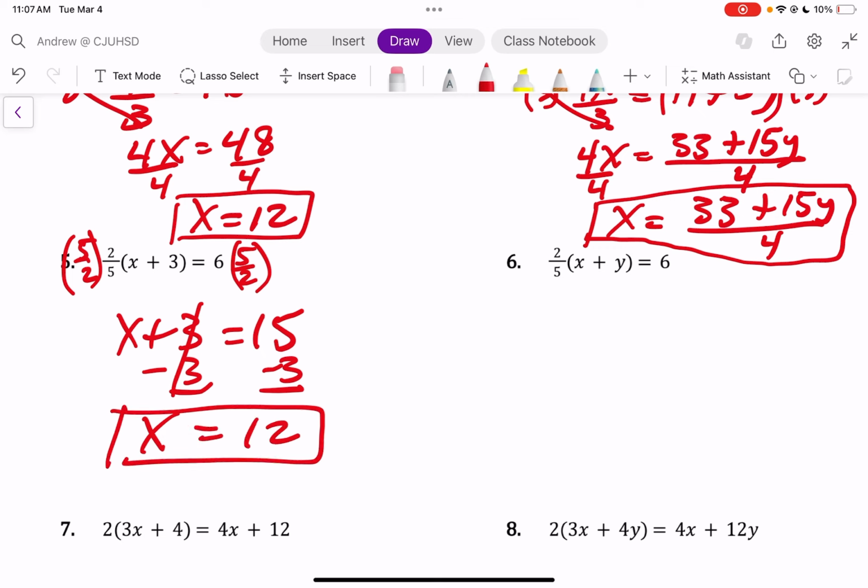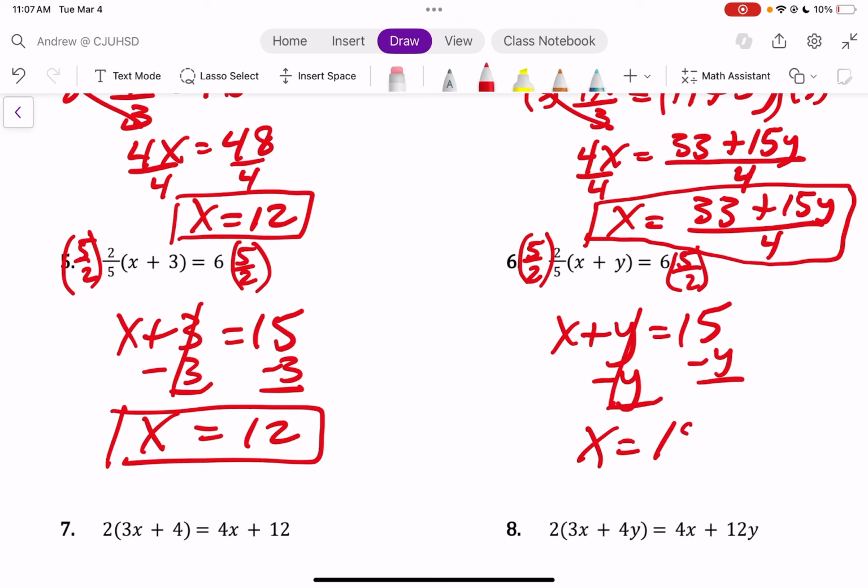Okay, number 6, same step. I'm going to multiply by 5 over 2. X plus y. 6 times 5 divided by 2, 15 again. And now, because I'm solving for x, I'm going to subtract y.